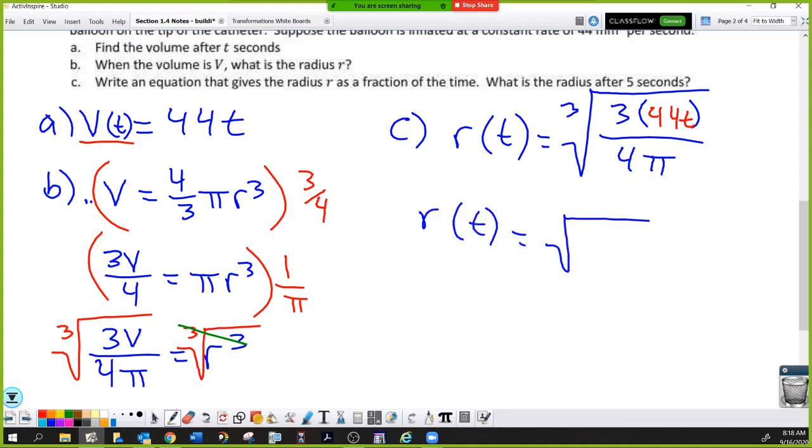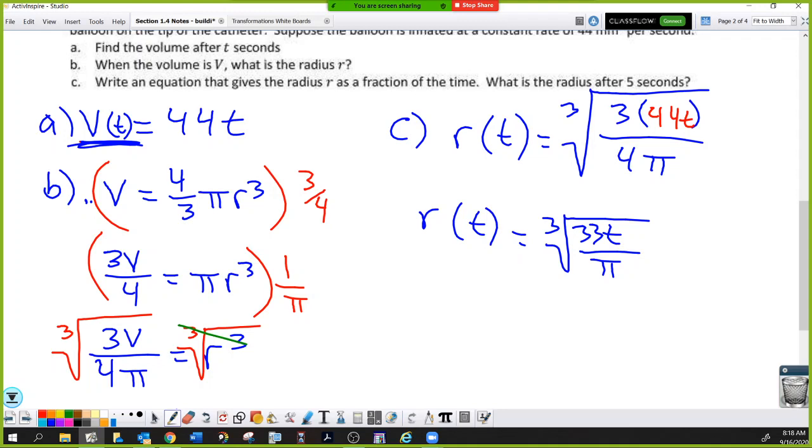So we get the cube root of 11t over pi. Wait, I lost my 3. It'll be easier to just do 11 times 3, so 33. 33t over pi. There it is. All I did was plug v of t into my radius equation, and now there's a variable.